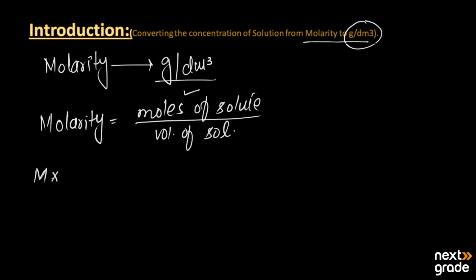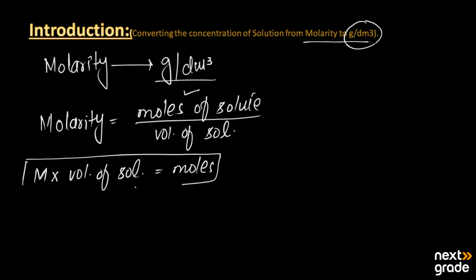By rearranging this, molarity multiplied by volume of solution is equal to the moles. So from this formula we will find the moles, and now by using the moles we will find the grams.